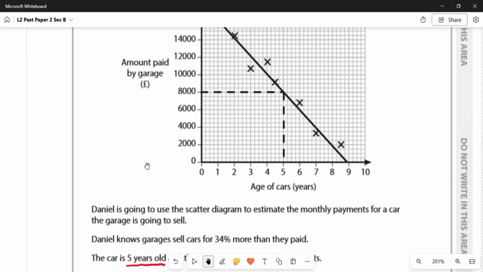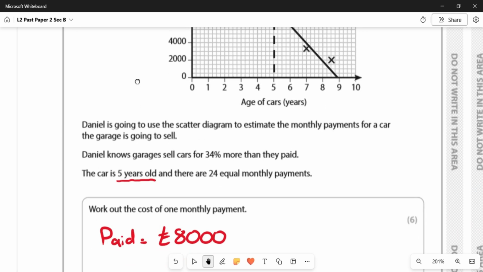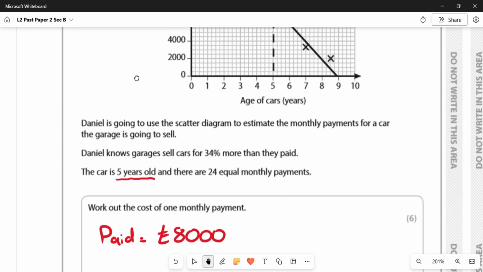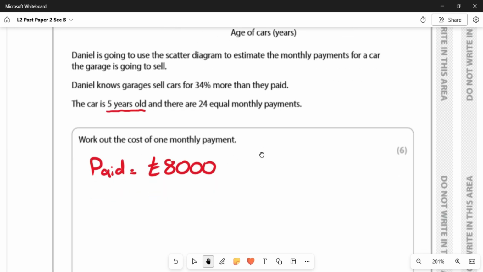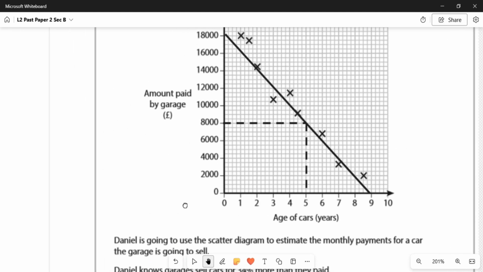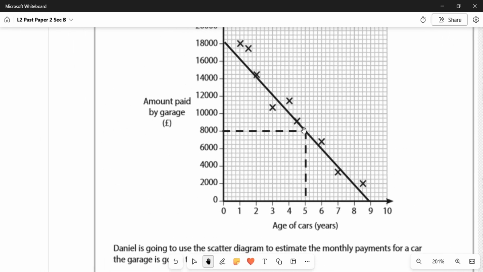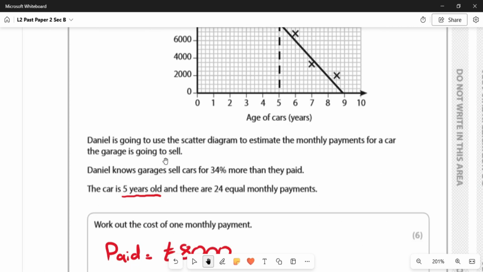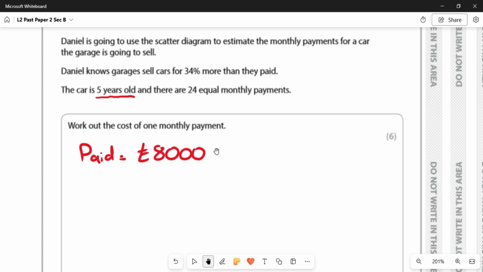Your answer might be quite different to mine. Hopefully not too different, because you don't want it less than 7,500 or more than 8,500. It's a very small range that your answer could be, so you just have to be very careful. I'm going to use 8,000.